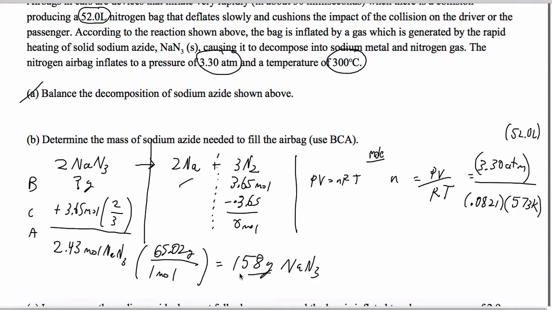I'm keeping it to 3 significant figures, given the presence of 3 significant figures in the problem alone. So this was a reverse BCA table. The key thing here, this was gas stoichiometry. So what we needed to do was use PV equals nRT first to figure out moles, and then just do it backwards.